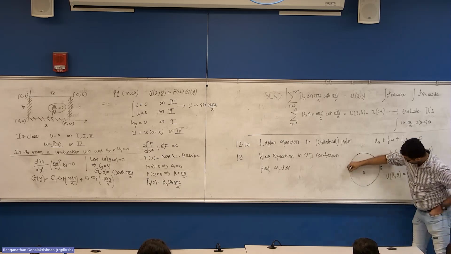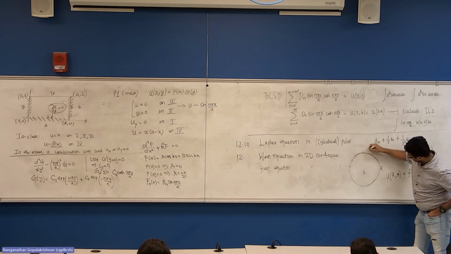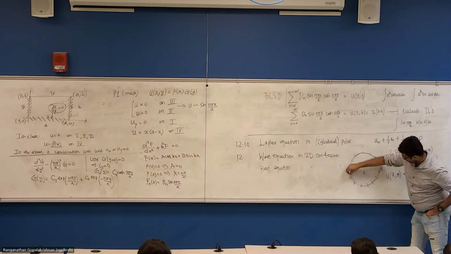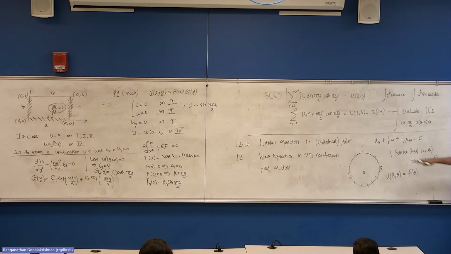That is, the circle is a boundary surface, and depending on which direction you are looking, if you are interested in R less than r less than infinity, then you are interested in the exterior domain. So your solution should be r power minus n.